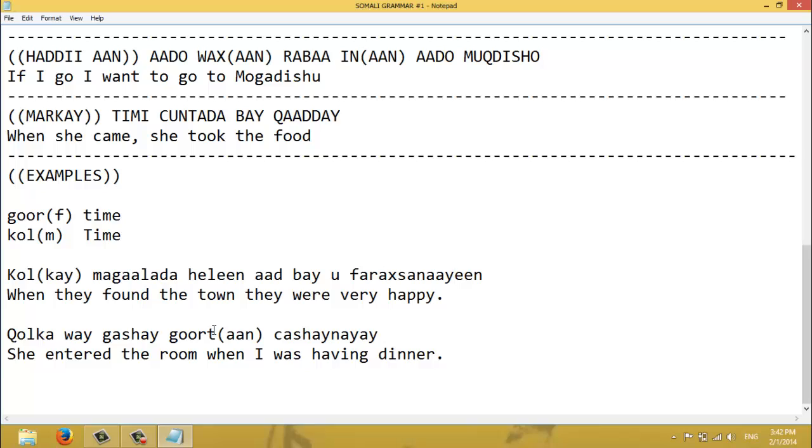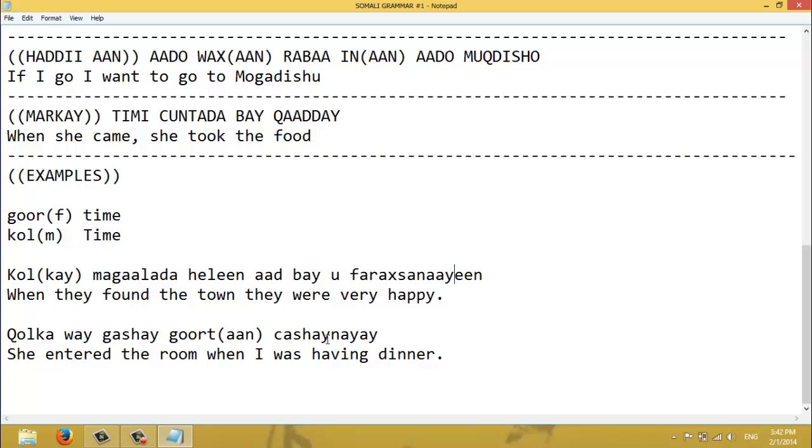Now this is back to the same. With kolke, they added a K here, and this time they added a T. I'm not exactly sure why they did that, but it's the same concept. All right. So goratan, that's dealing with me. When I was having dinner.